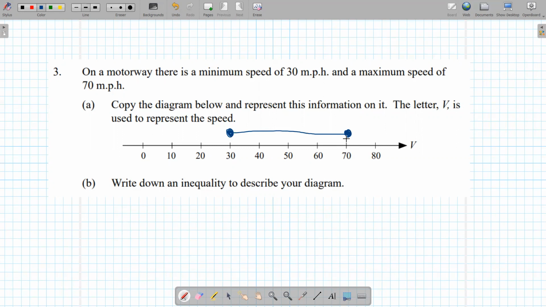It just says write the equation for this inequality. It's very simple. It is just going to be 30 less than or equal to v, less than or equal to 70. What's our variable? V. Right, and you are done. Cool.